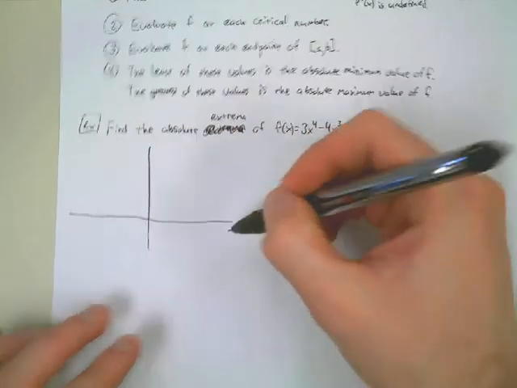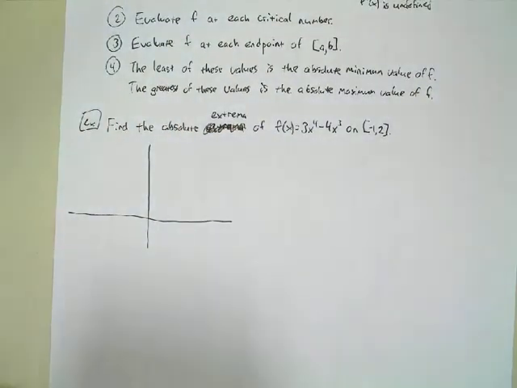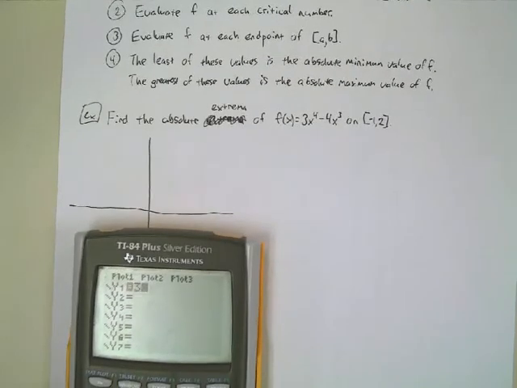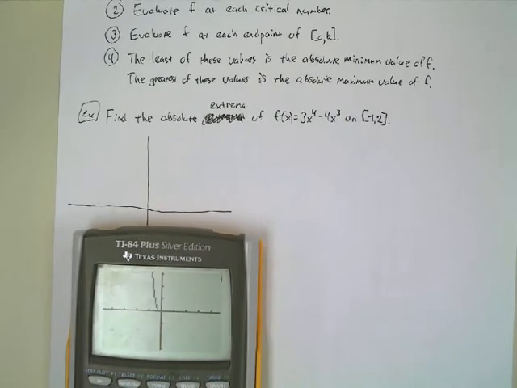Alright, so we can use our graphing calculators to help us with this one, because it's kind of a funky thing. So 3x to the 4th minus 4x cubed. Now, if you really want to be slick, because we're not interested in the full graph of the function, I'm only interested in what interval?